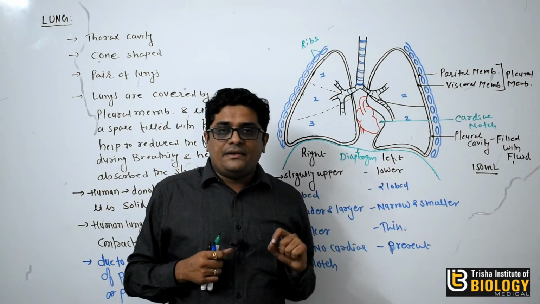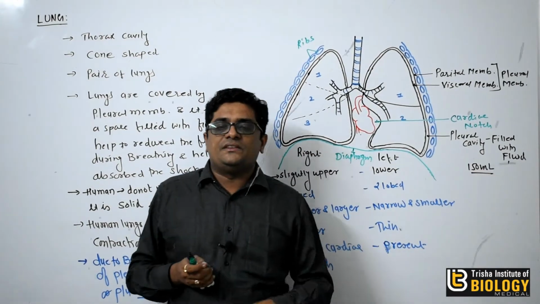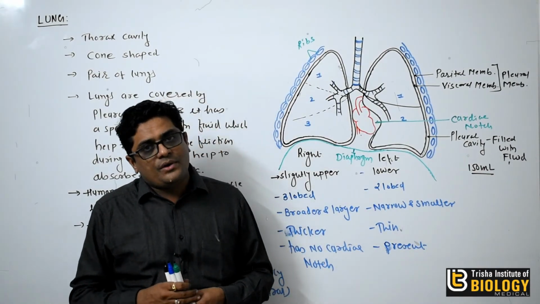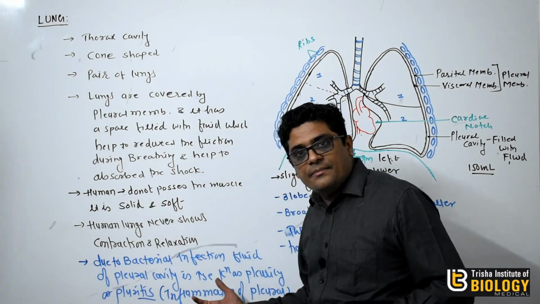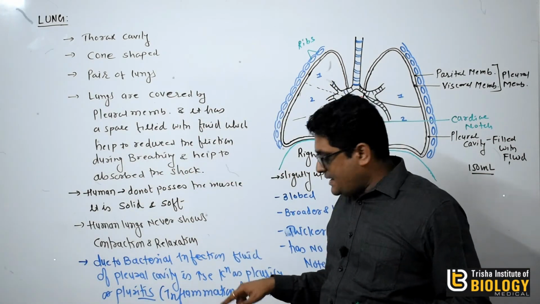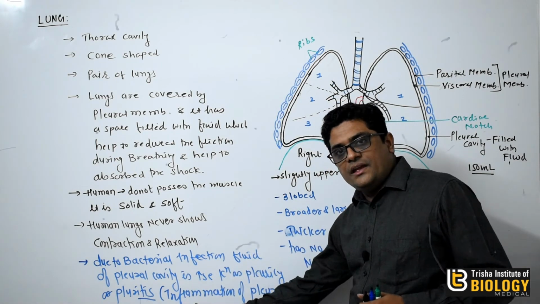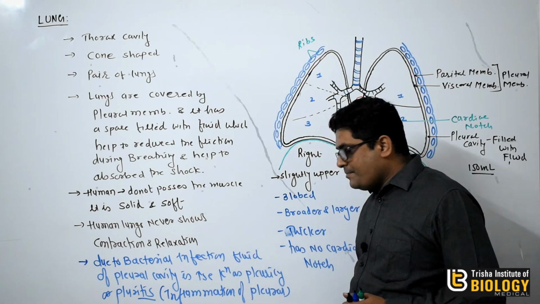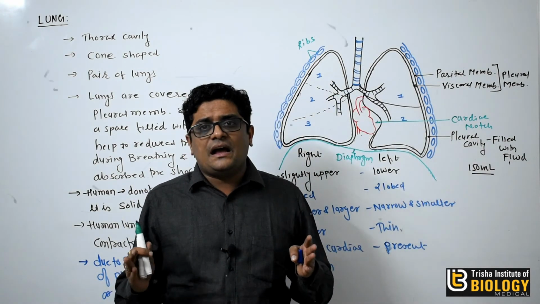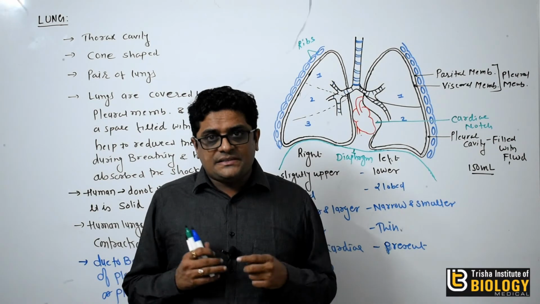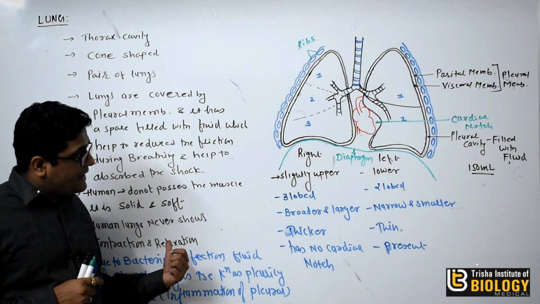The pleural membrane possesses fluid known as pleural fluid, and on average the amount of fluid in the pleural cavity is 150 ml, but due to bacterial infection sometimes this volume is increased, and it is known as pleurisy or pleuritis, the inflammation of the pleural membrane. Now the human lungs never possess muscles, that's why they never contract or relax.